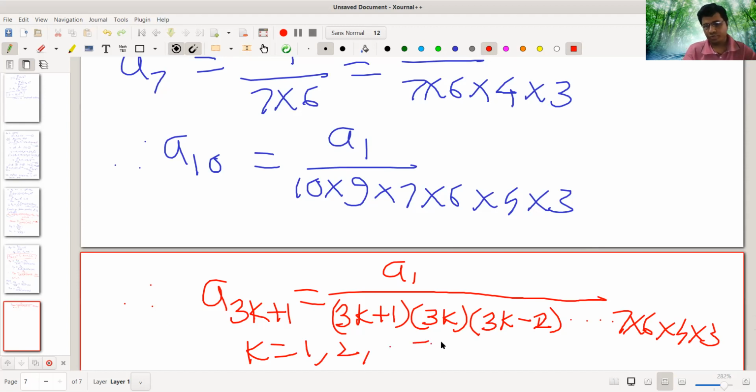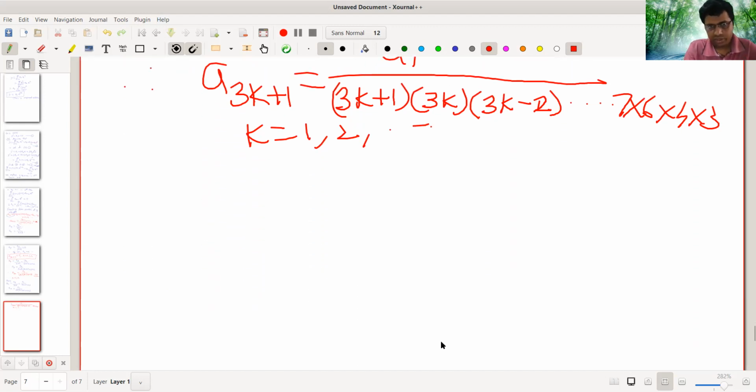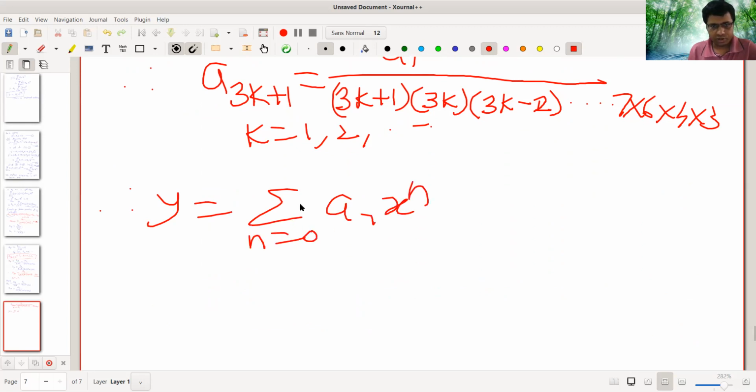Okay, so we have computed all these terms. Therefore y equals summation an x raised to n, n equal to 0 to infinity.